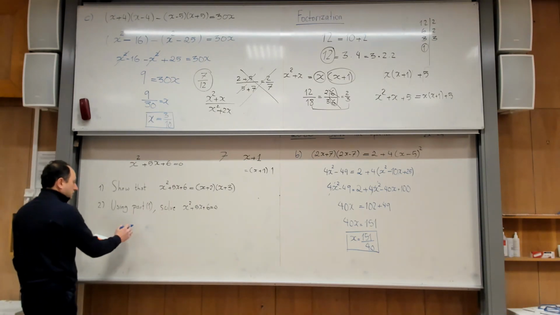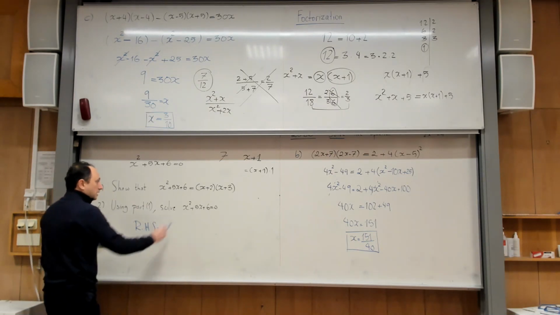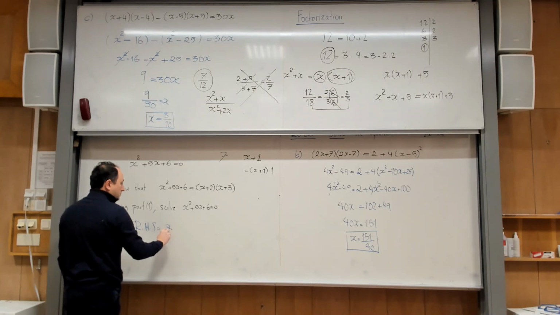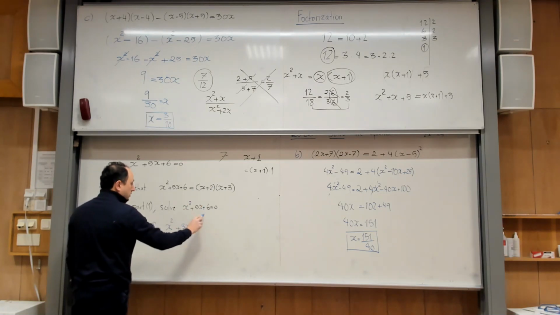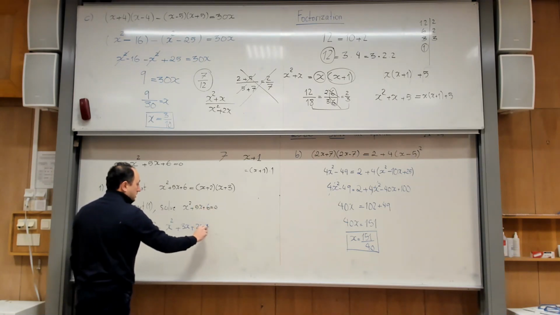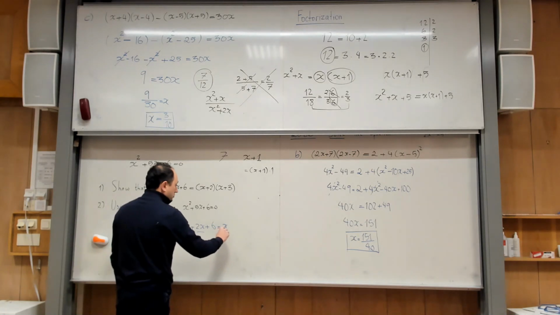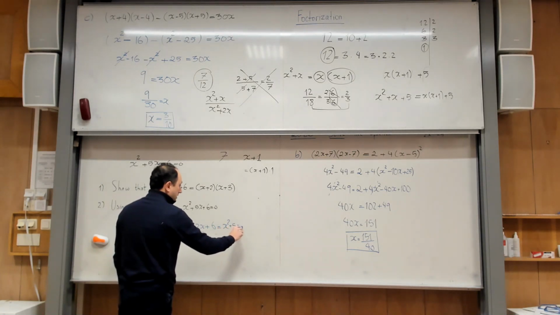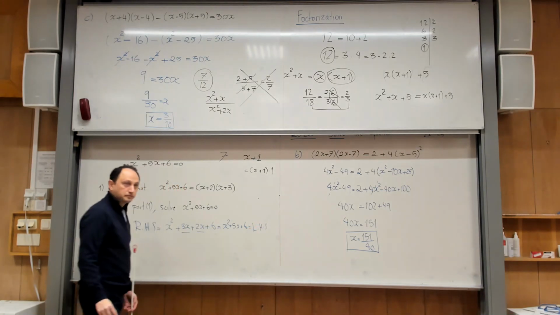The right-hand side is equal to, I start multiplying things. x times x is x squared, x times 3 is 3x, x times 2 is 2x, and then 2 times 3 is 6. You see that immediately they are similar, so this becomes x squared plus 5x plus 6, and that is exactly equal to the left-hand side. Yes?